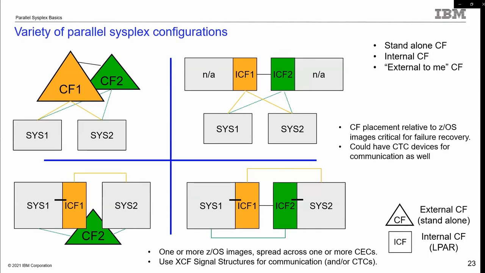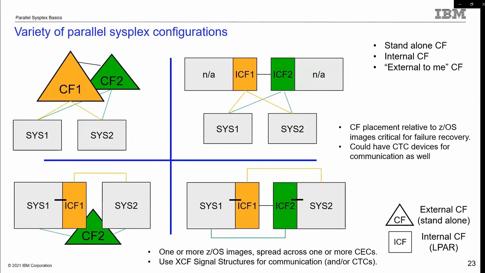For example, our z/OS Sys1 LPAR. In this case, Sys1 and ICF1 are co-located on the same hardware, while System 2 and Coupling Facility 2 are on separate CPCs.